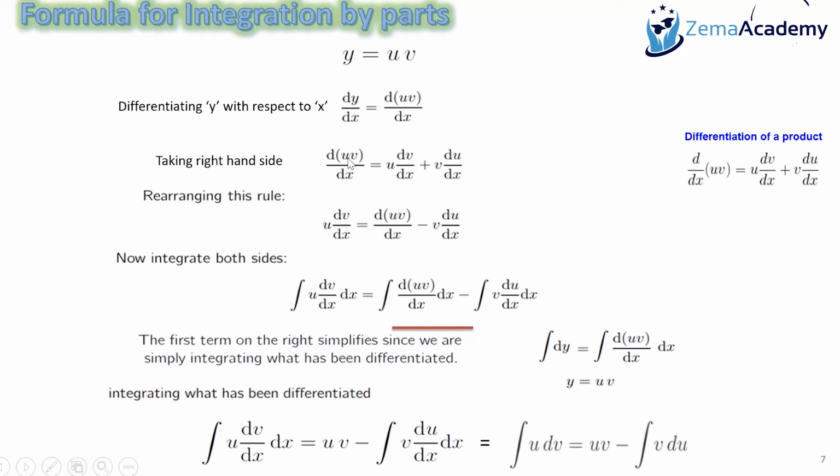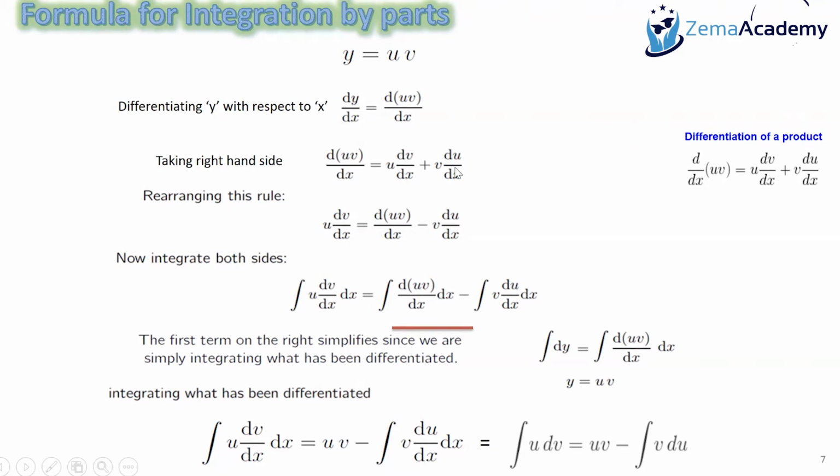Once I have used this right hand side and come up with the differential form of this product uv, I can rearrange this equation. I can leave this u dv by dx on this side and bring this v du by dx to the other side of the equation, the left hand side.